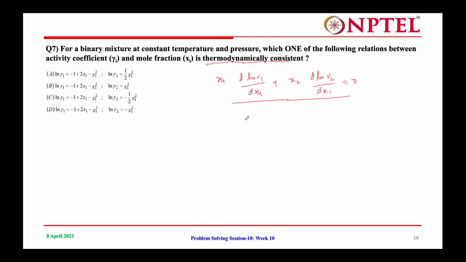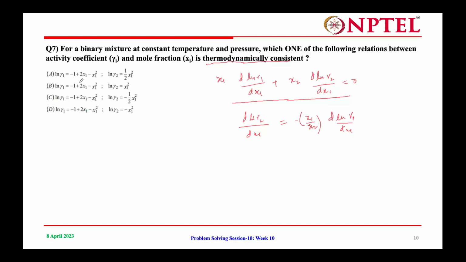So now d ln gamma 2 by dx1 equal to minus x1 divided by x2 times d ln gamma 1 by dx1. In option A, ln gamma 1 is given as minus 1 plus twice x1 minus x1 square.